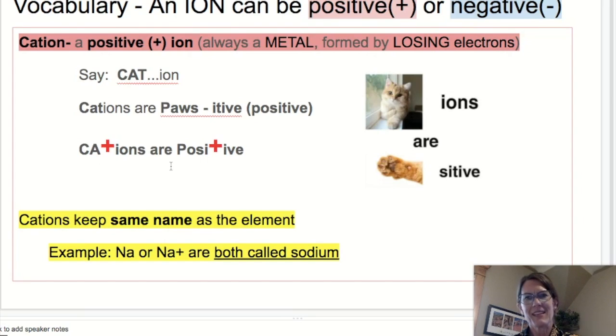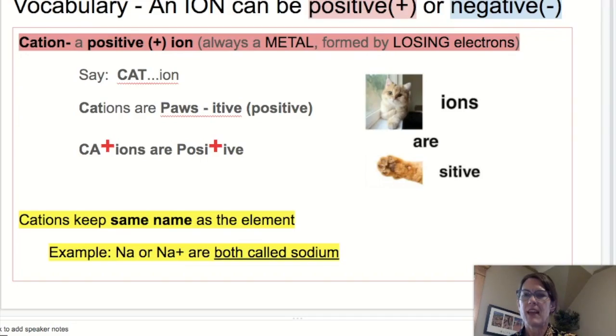So cations are positive. It's also important to know, and we'll get to it more later, but cations keep the same name as the element that they were. So for example, Na is called sodium, and Na+, so the sodium cation, is also called sodium. It doesn't have a special name.